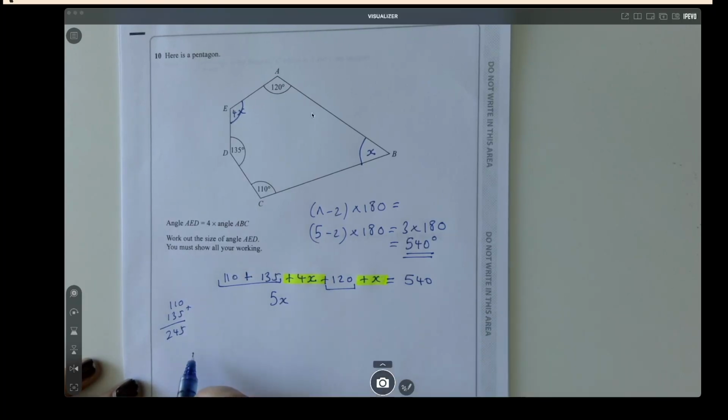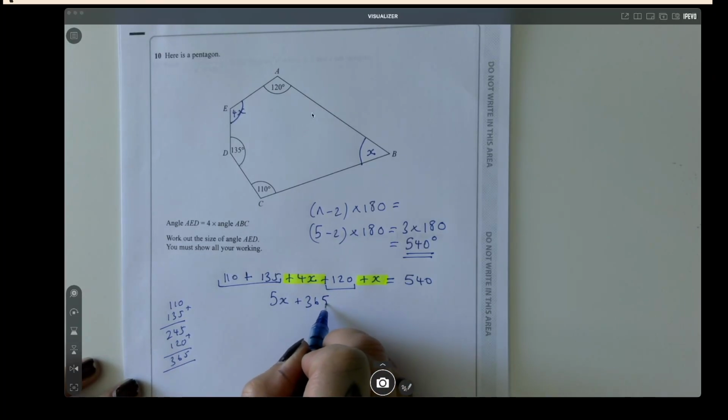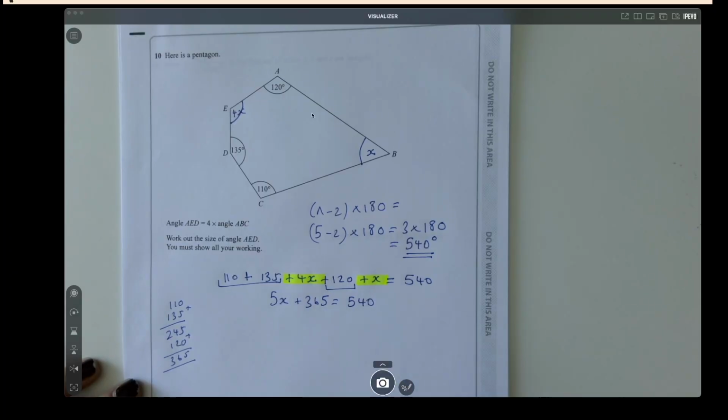And then if we add the other 120, 365. So 5x add 365 equals 540. So now we're going to subtract 365 from both sides.